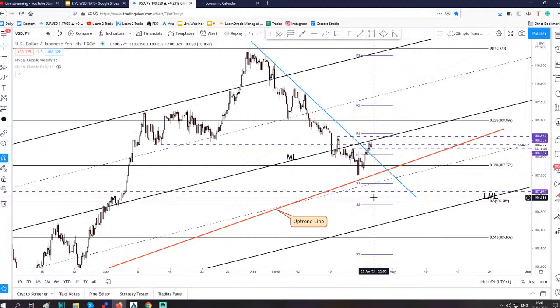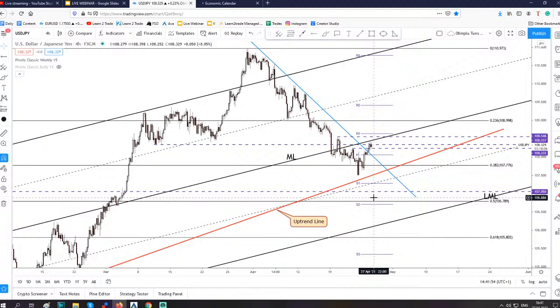So let's place this trade into our real account, guys. Let's find here the GBP versus the Singapore dollar. Okay guys, so I will use a position size calculator here.